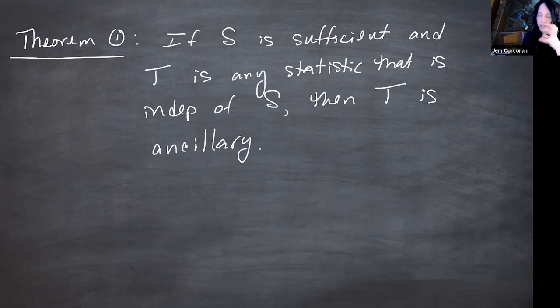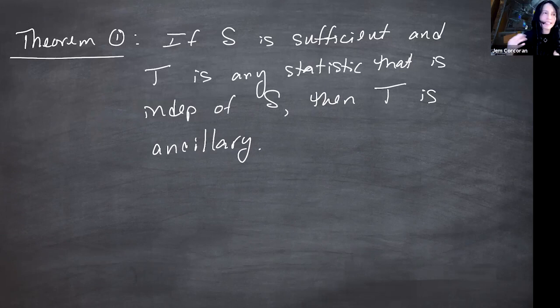I want to do the converse of this. I want to say, if I have something sufficient and something ancillary, can I say they're independent? Because that would be a great way to establish that random variables are independent when you can't write out the joint PDF stuff. But I do have to put in one more condition for that to hold, and that's this really famous theorem called Basu's theorem. Sufficient statistics contain all the information about theta.